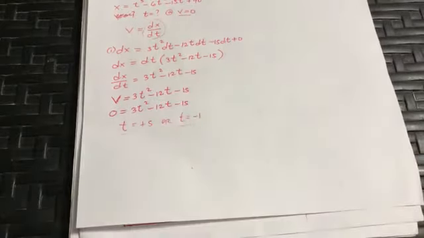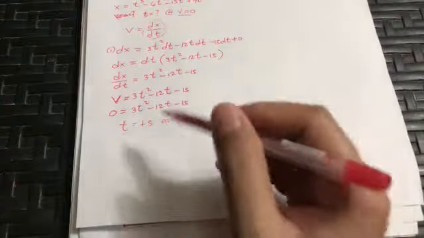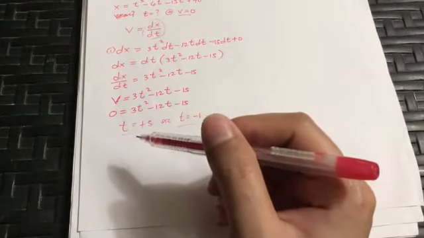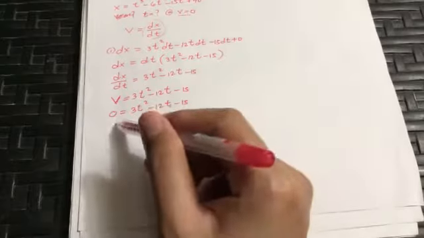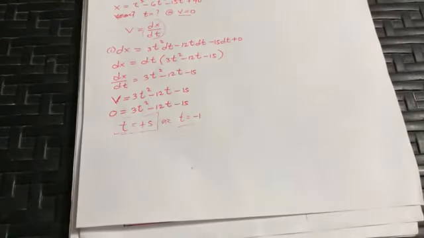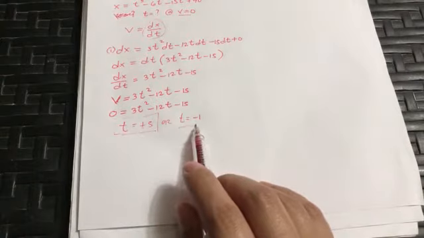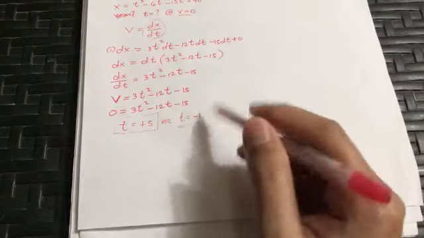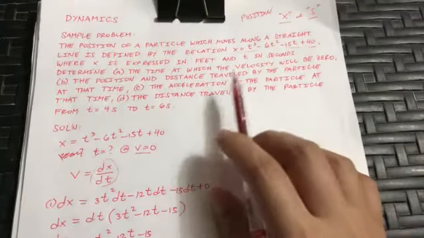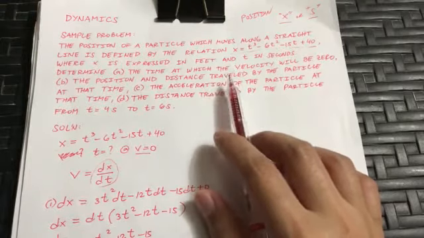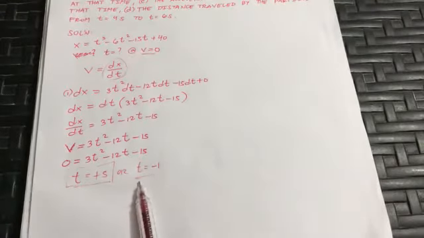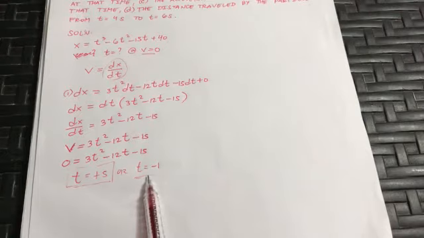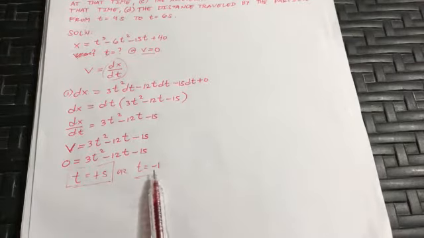Now which one is the correct answer? Since we are only considering the time when the motion began, then we will consider the positive value. Now what does this time negative 1 mean? This is the time before the analysis in this problem. Any time that is negative represents the time which is happening before what is asked for us to analyze in the problem.